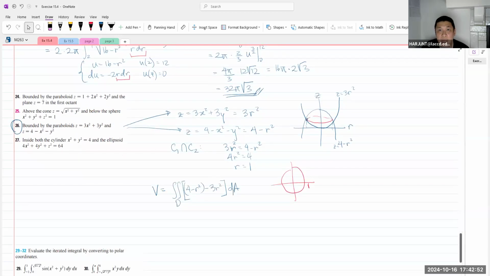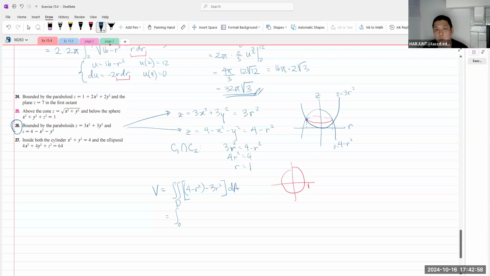If we convert this to polar, that gives us the integral from 0 to 2 pi, integral from 0 to 1. That's why we find the domain. This is the domain. And then we have 4 minus 4r squared, r dr d theta.